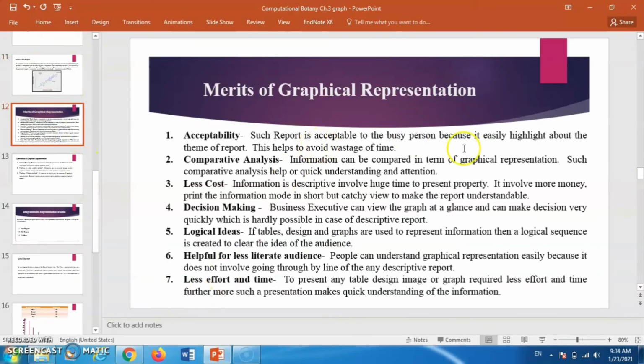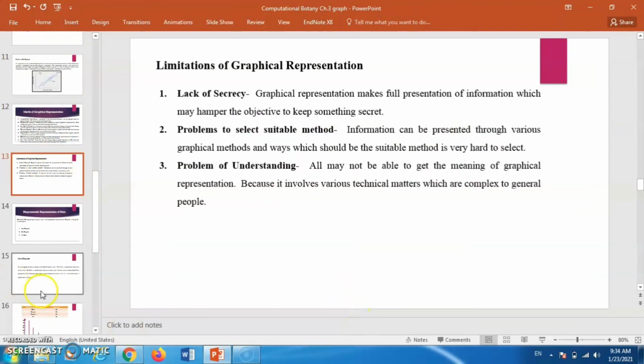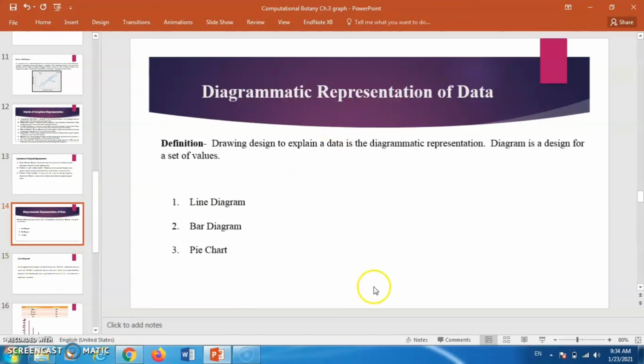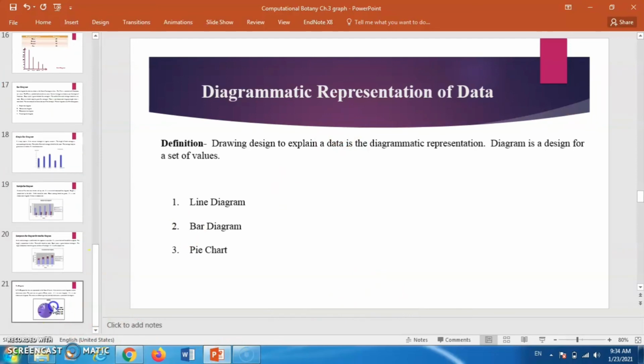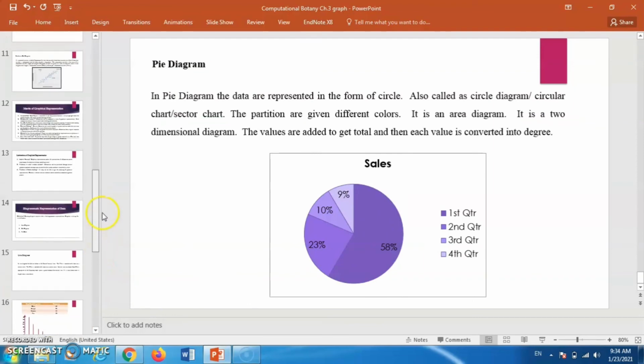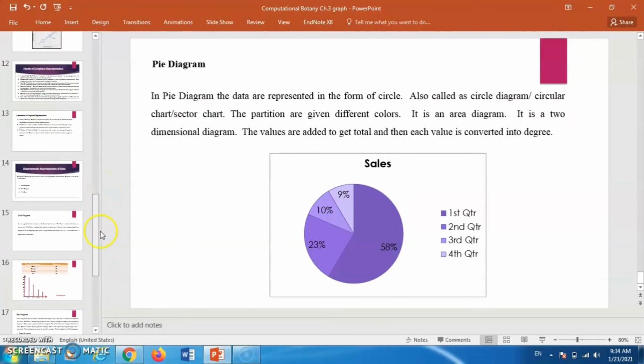Then merits of graphical representation, the limitations of graphical representation, and after that diagrammatic representation of data and their types. Okay, so this is all about chapter number 3, graphical representation of data and their types.